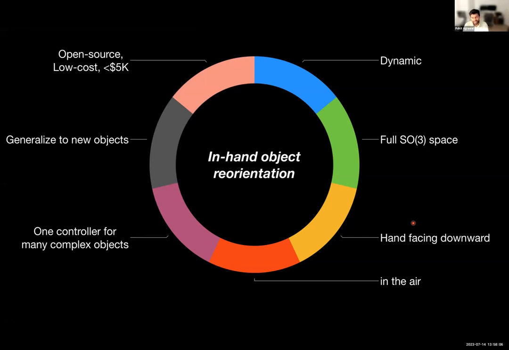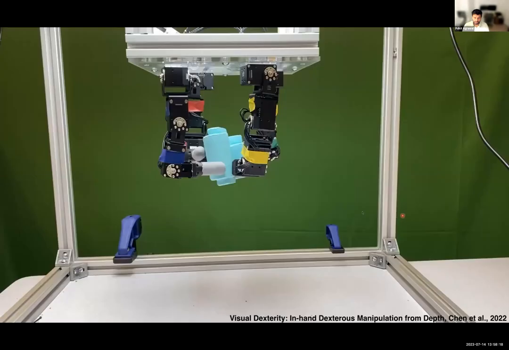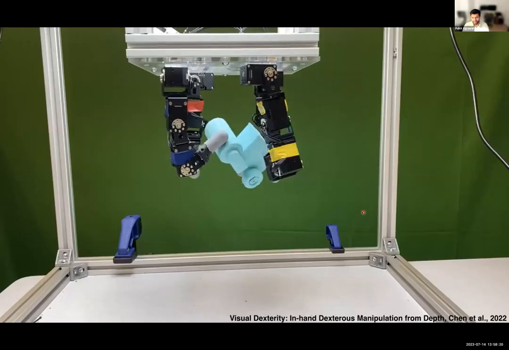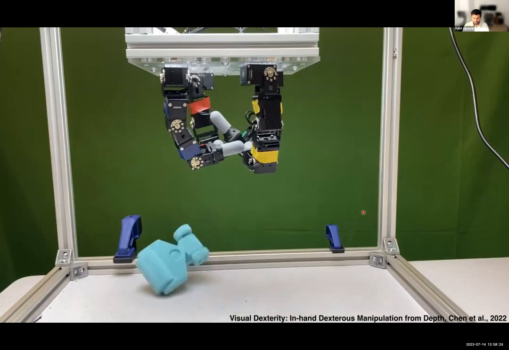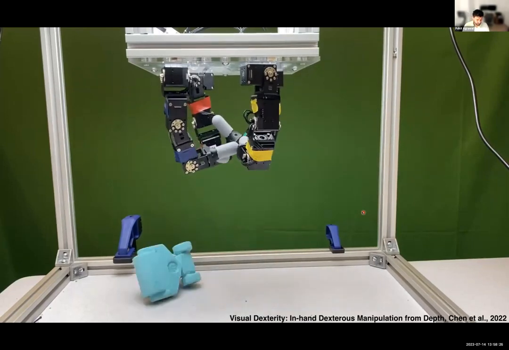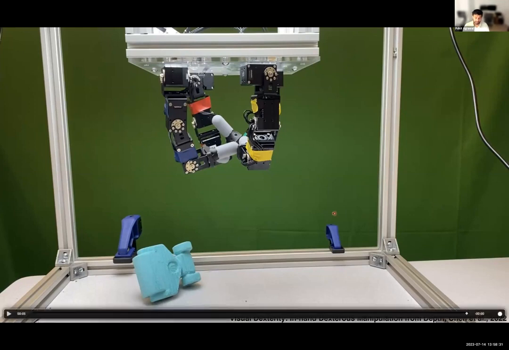Now, while we were able to satisfy these desiderata, there of course are limitations. As I mentioned, one of them is the precision of reorientation is not as high as we would like it to be. And the other is, sometimes the hand does drop objects, as you will see over here. So the next question for us was, how do we go about improving the system?